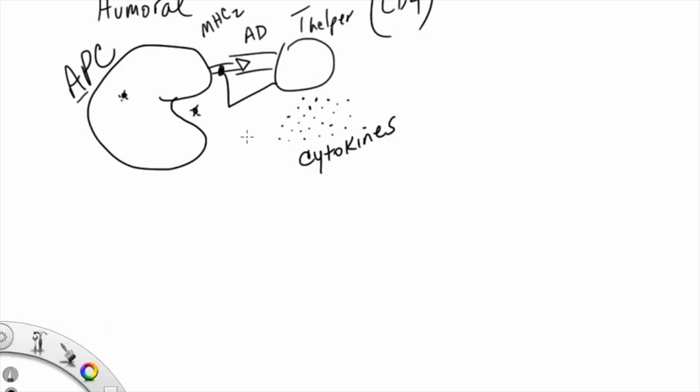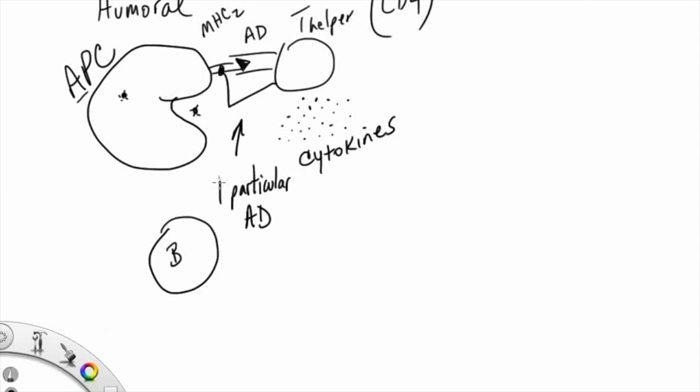Now, these cytokines can activate a B cell. And when they activate a B cell, that B cell will only be capable of fighting against what? That one particular or specific AD.